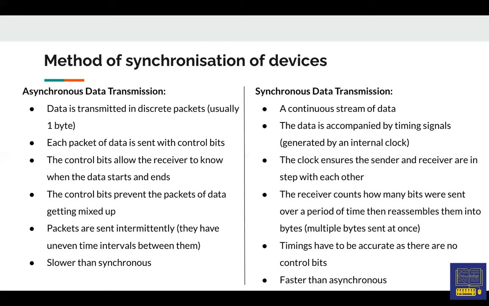And in that, even the slightest bit of time delay will cause quite a bit of issues. So it has to be extremely, extremely accurate. Now, definitely asynchronous is slower than synchronous, because when you're sending a continuous stream of data, you can simply finish sending the data much, much faster than, say, you're sending a packet and then you're waiting and then you're sending the next packet. That's definitely slower than synchronous data transmission.